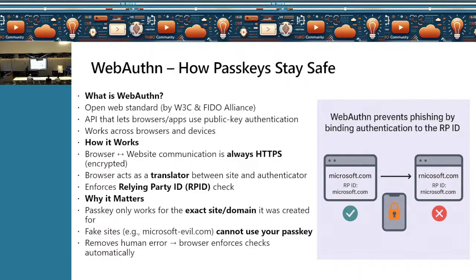But the other problem is the user getting a fake website or an attacker-built website. This is solved by something called the relying party ID, RPID. When you build a passkey and it saves the key, the prompt only comes up if it matches the RPID. So the URL is not going to match.